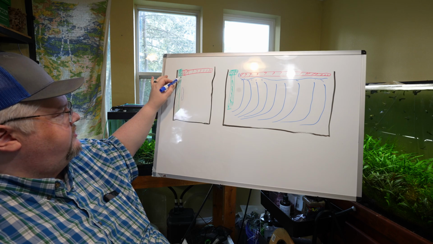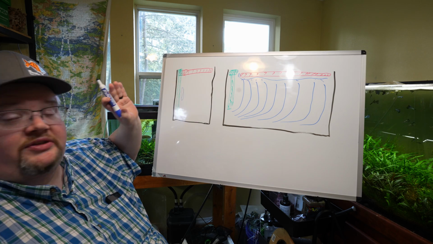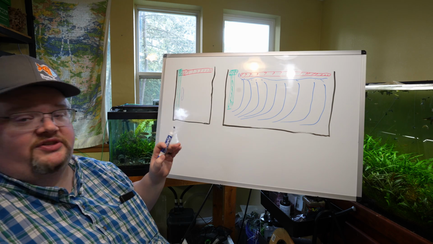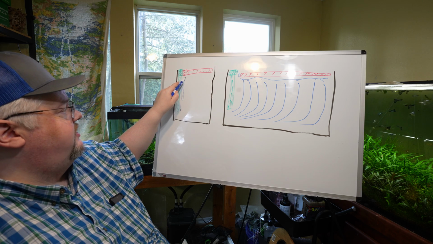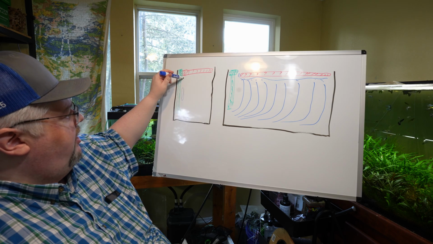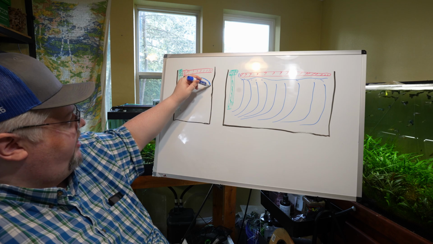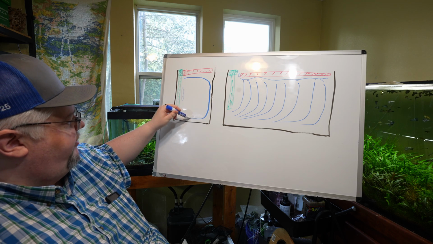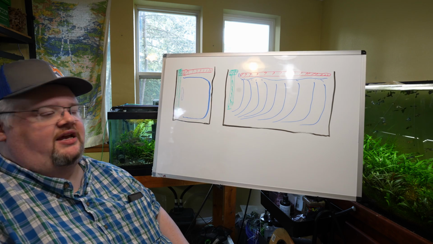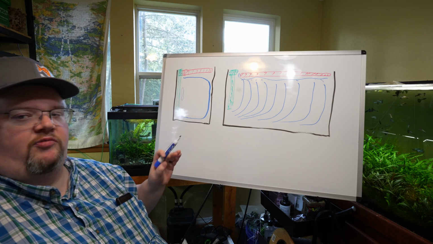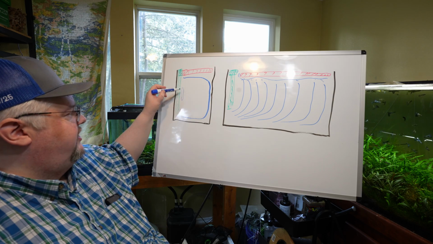But otherwise, you've got across almost the entirety of the tank, or as long as that spray bar is, this nice motion of water that's going from the back to the front, ricocheting down, wrapping around, and coming over toward the intake. So where you're going to have some minimal flow in this style is here.